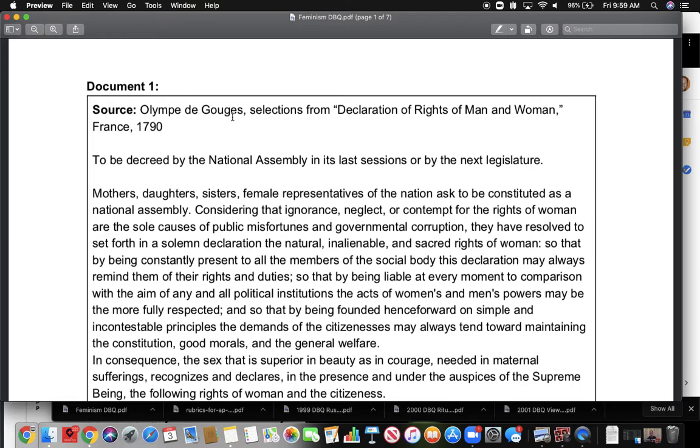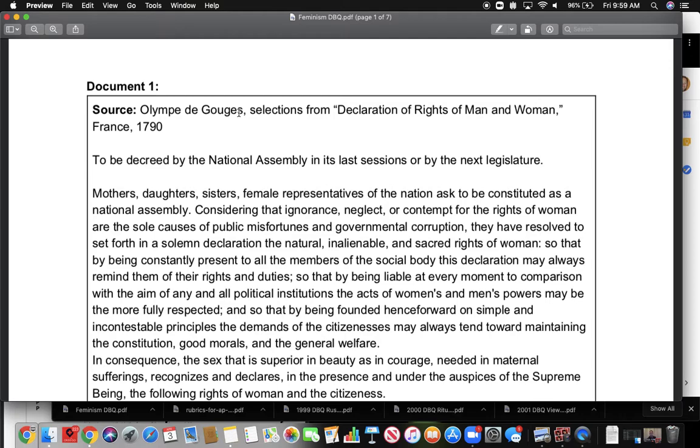I'm not fluent in French, so gosh knows if I'm even pronouncing that correctly. And this is the selections from the Declaration of the Rights of Man and Woman in France in 1790. So that's the source. That's who is saying this. Now, Olympe de Gouges is going to be a woman. In fact, most of these documents are going to be written by women, or at least discussing women in general.